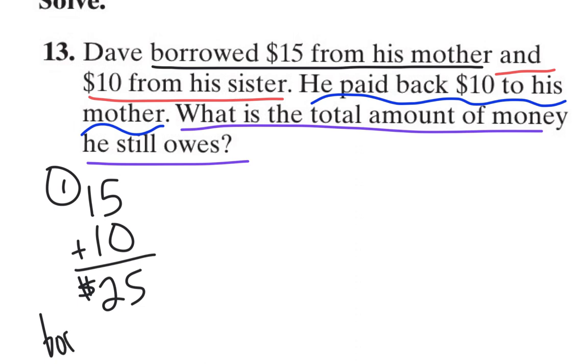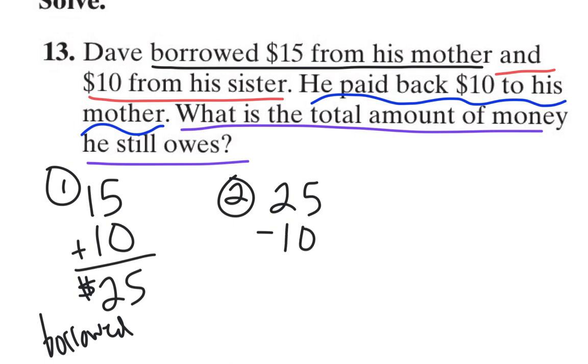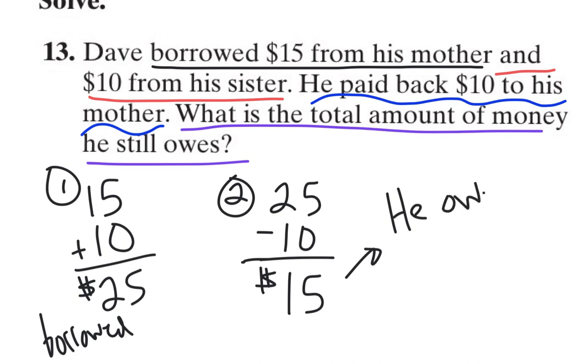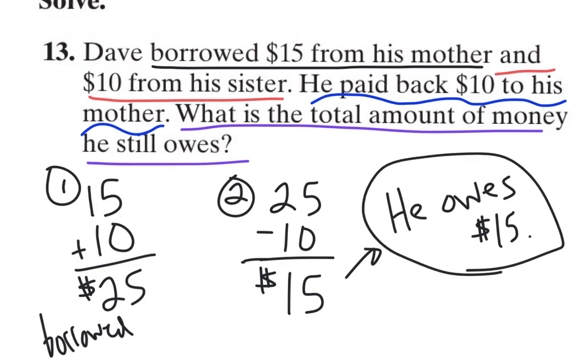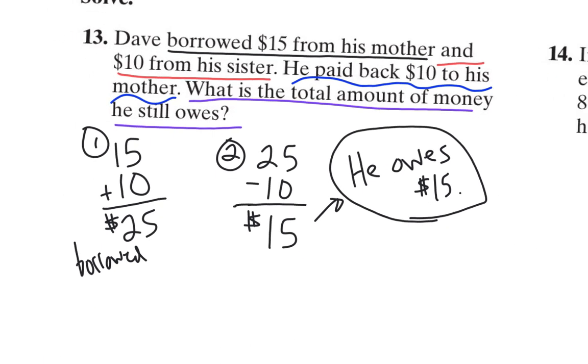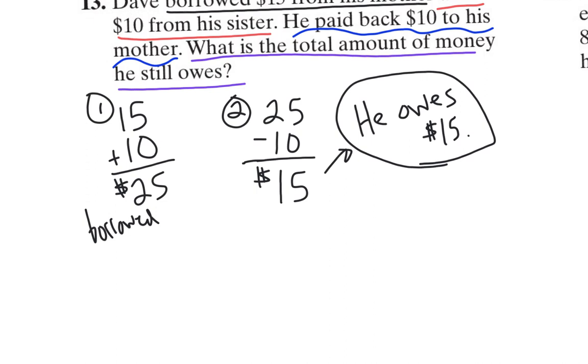So he's borrowed $25, and then he pays back $10. So if he owes $25 and pays back $10, what is the total amount he still owes? We could say he still owes $15. Okay, so that's one way you could do that problem, technically, since it just says solve.